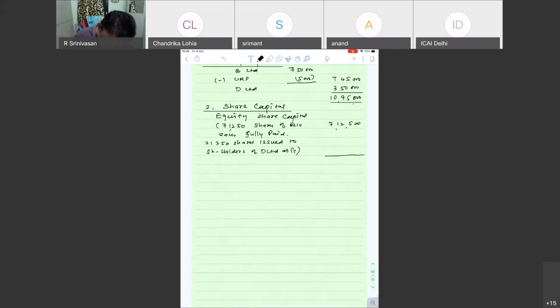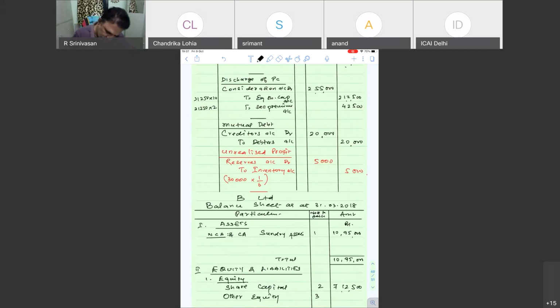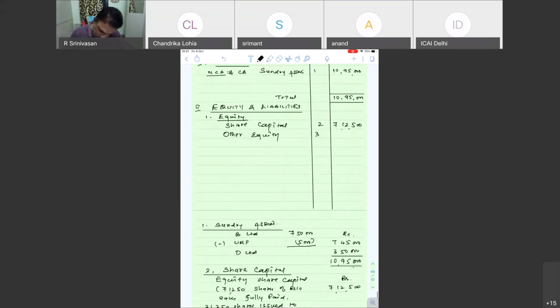This also you have to write. 7,04,500. So your securities premium is 42,500.